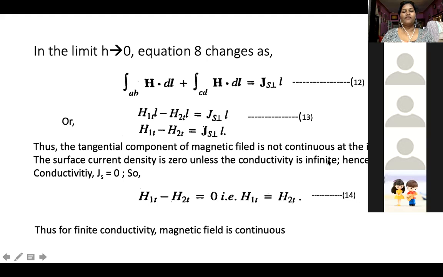If you have a finite conductivity, then this Js value is going to 0. So this H is continuous only when the conductivity is finite. When this conductivity is infinite, then you can see H1 minus H2 is equal to Js perpendicular L. It implies this is not continuous. This is discontinuous. It is varying with the value of conductivity.